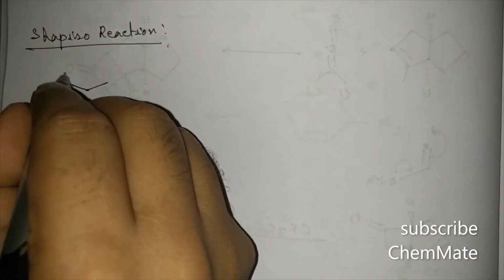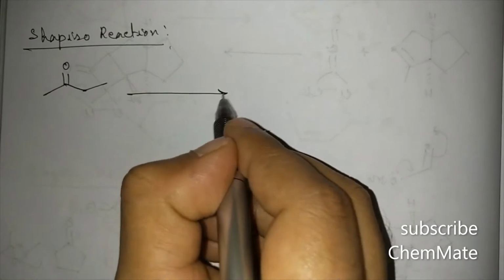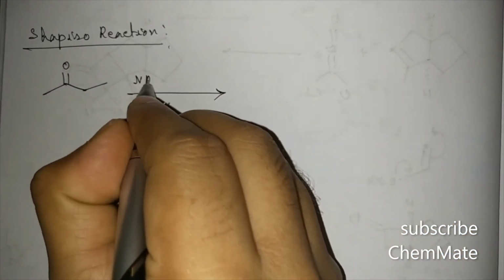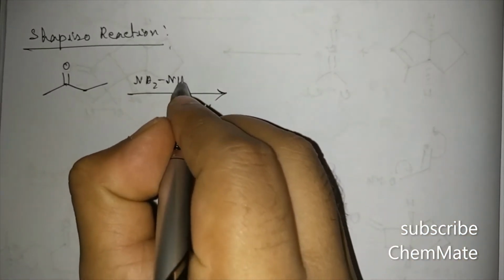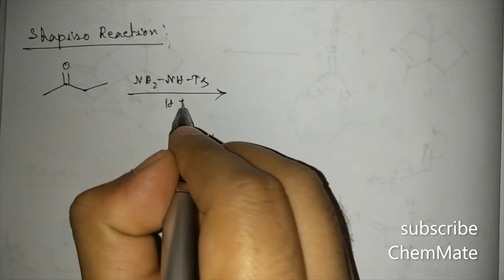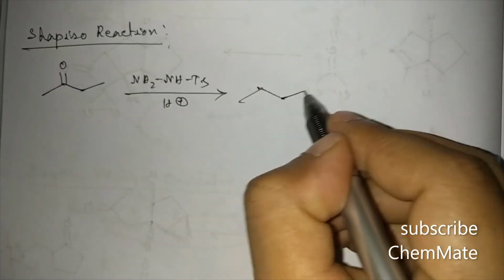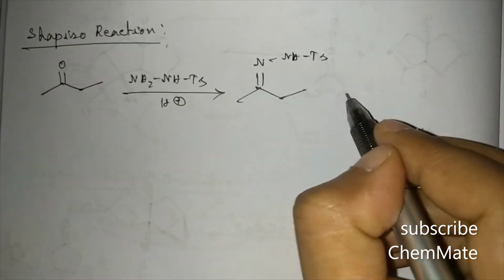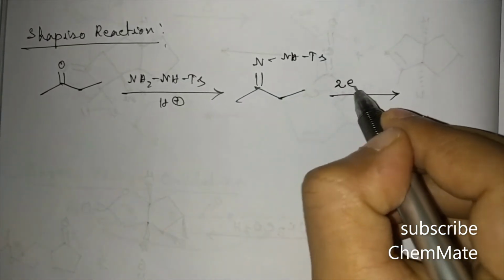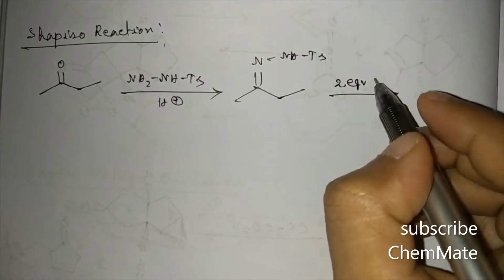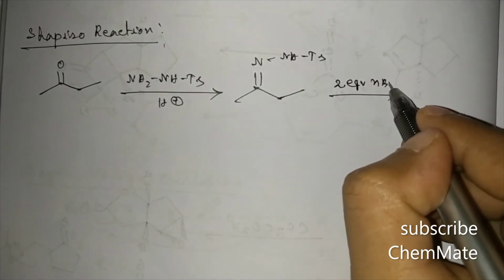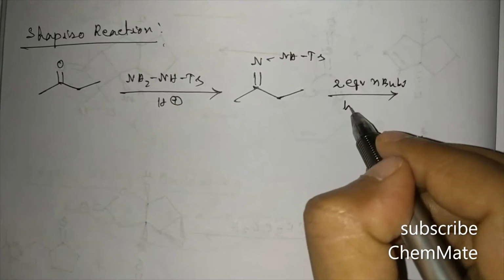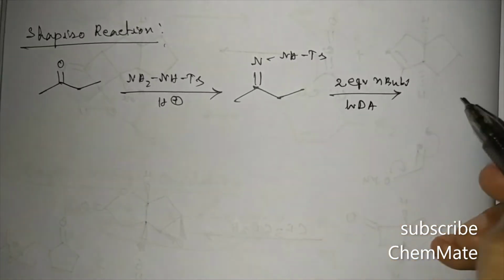So let's say this is a ketone, which will be converted into a tosyl hydrazone, and then it will react with two equivalents of a strong base such as n-butyl lithium or LDA, lithium diisopropylamide.